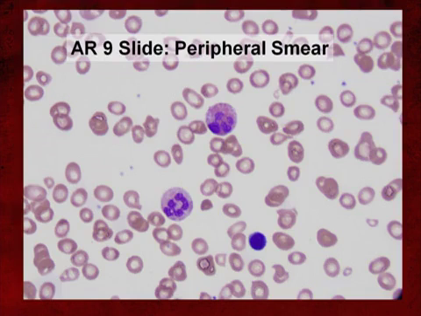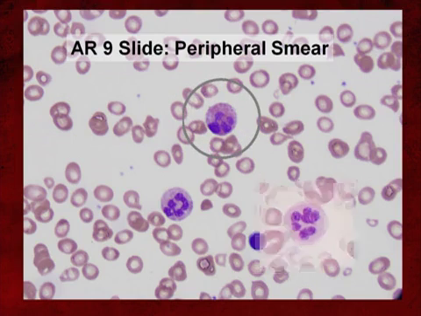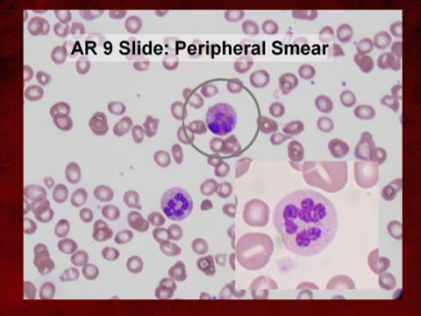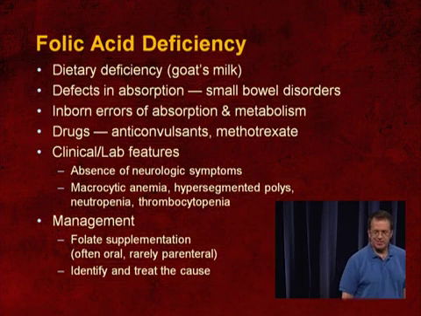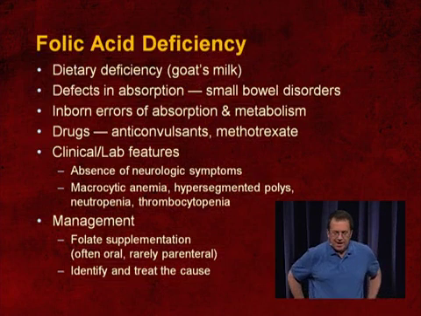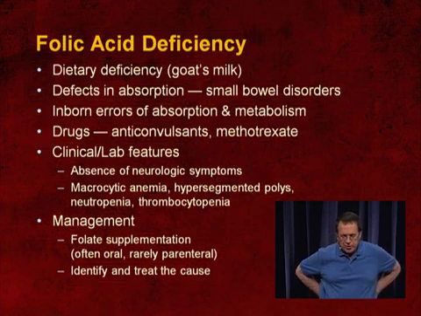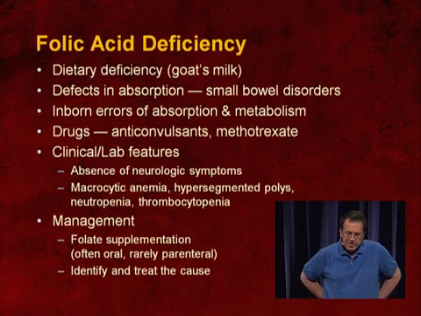Macrocytosis and hypersegmented neutrophils are what we see in folate or B12 deficiency. Okay? All right. Hypersegmented neutrophils. How do you like them? Okay? Folic acid deficiency. I promised you I'd get to it. Goat's milk. Never talked so much about goat's milk in my life.